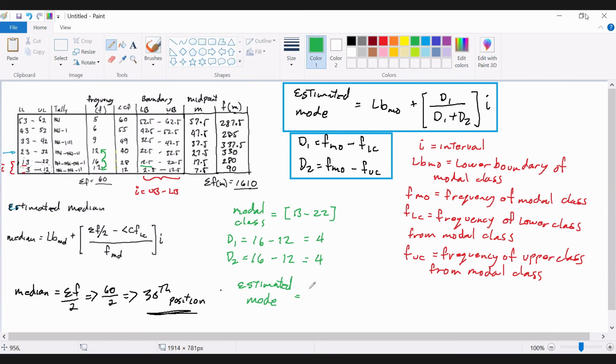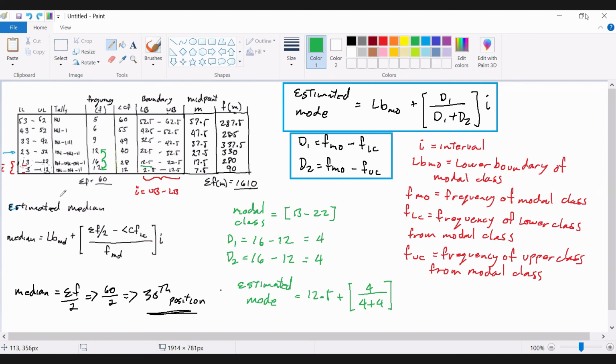Okay, so it's 12.5 plus D1, which is 4, over D1 plus D2, multiplied by I. Okay, I is given.